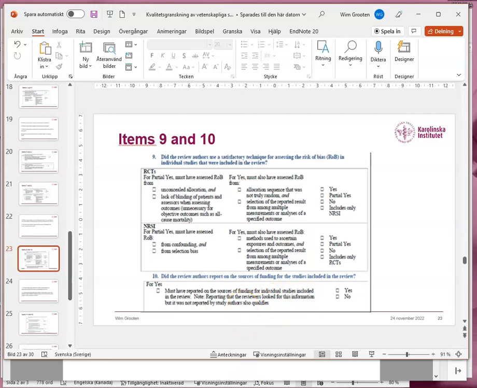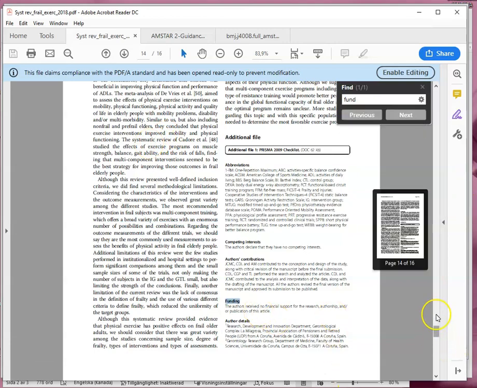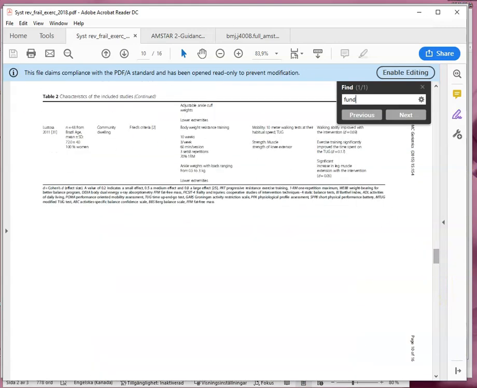Okay, so it should be in the results here. So let's do a Control F, and it says nothing about funding. No, then it's only their own funding. And if it is included, it should be in the characteristics, and I couldn't find it.